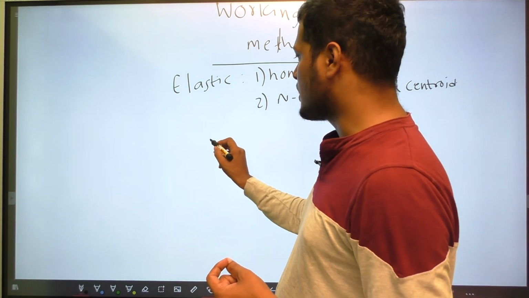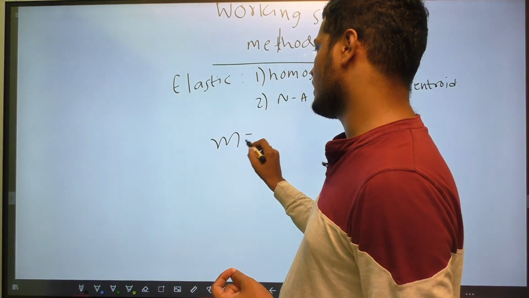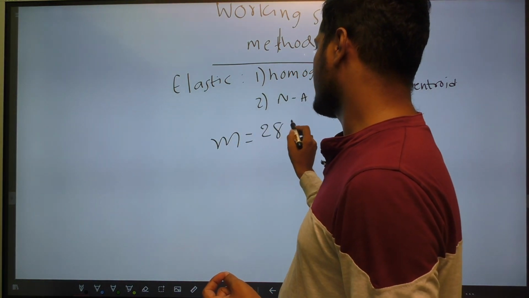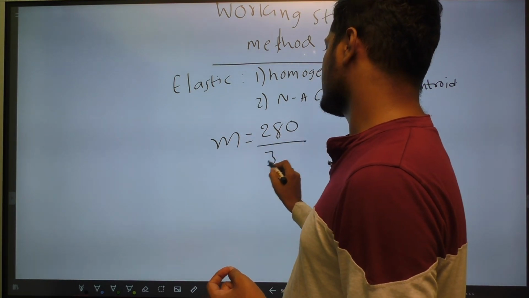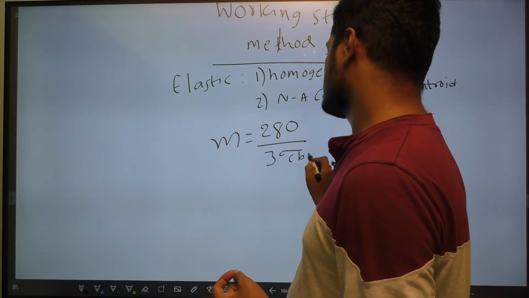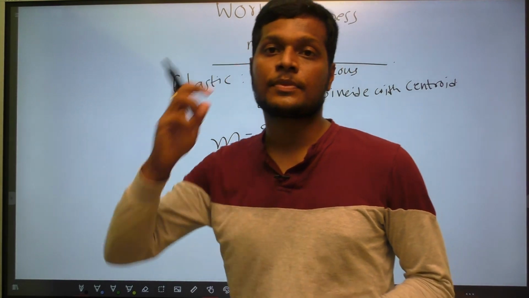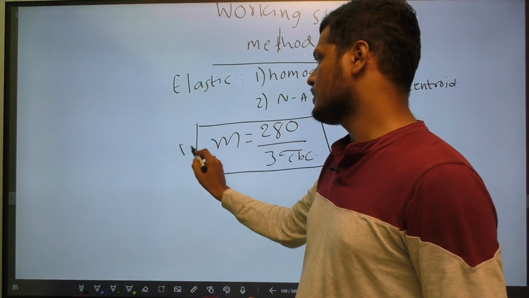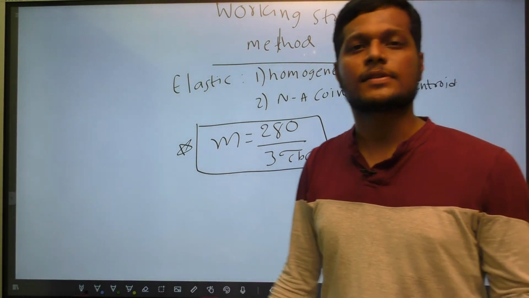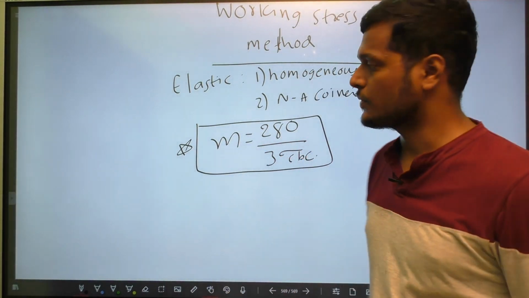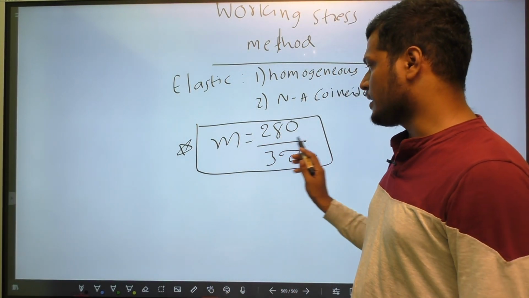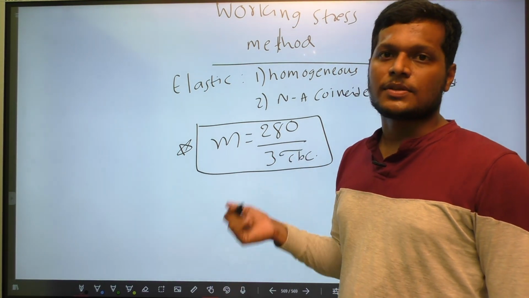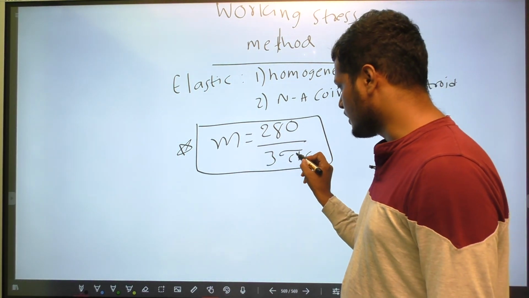For the modular ratio we have the assumption m = 280/(3 σcbc). This is very important for students preparing for SSC JE and some state government examinations. So 280 divided by 3 into σcbc. What is σcbc?